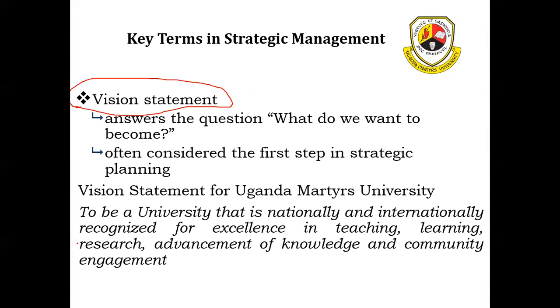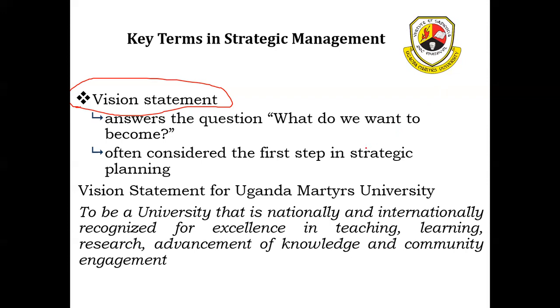It's basically a statement that says this is what we want to become. Now, UMU has to periodically evaluate itself. Have we achieved this status? Are we nationally and internationally recognized for excellence in teaching, learning and research? Is this who we are?